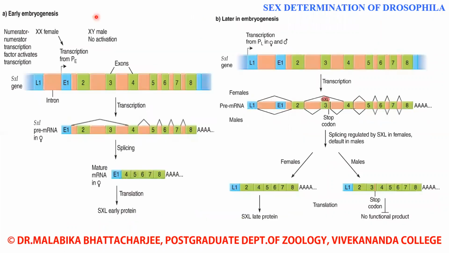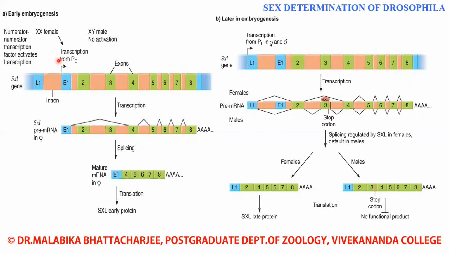Okay. So now let's consider this situation. There is a scenario of early embryogenesis and a scenario of late embryogenesis. Just now we studied that if the sisterless forms homodimers, in the case of females, they act as transcription factors. So early in embryogenesis, and another thing, as you can see, there are two segments.